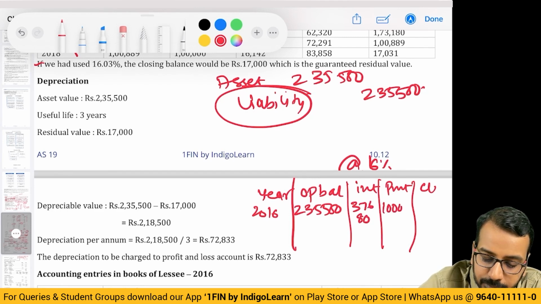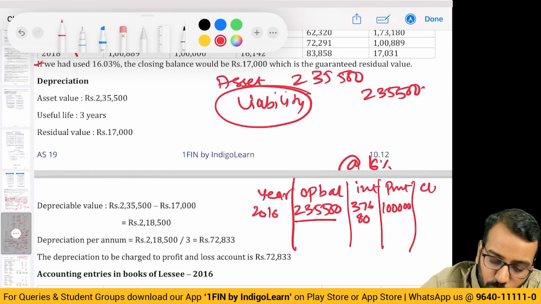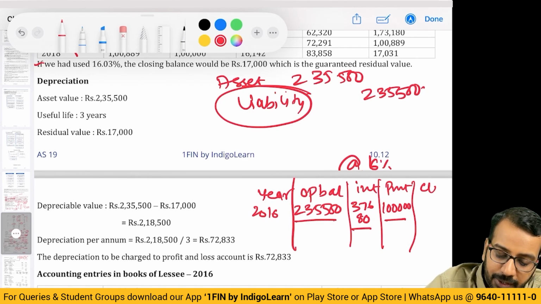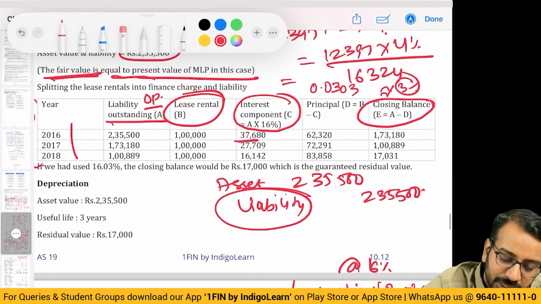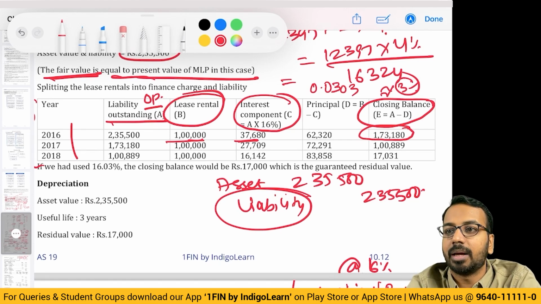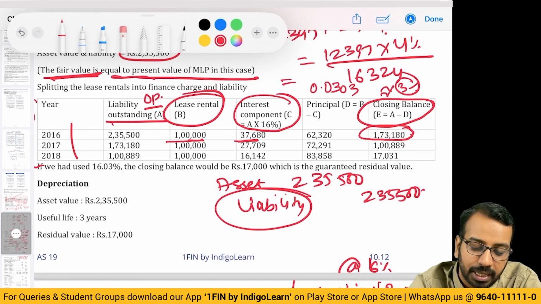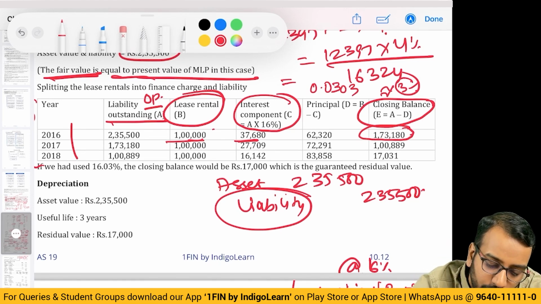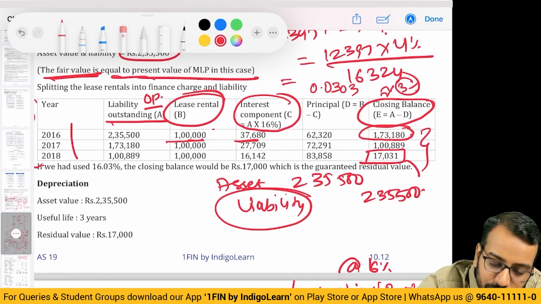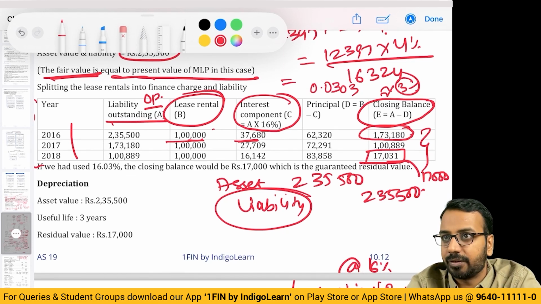Payment is 1 lakh. Closing balance is opening balance plus interest minus payment. So opening balance 235 plus interest 37,680 minus payment, the closing balance comes to 173,180. Like this, you will do for all the 3 years, such that the closing balance here should be 17,000 or 17,031, rounding off difference. Okay.